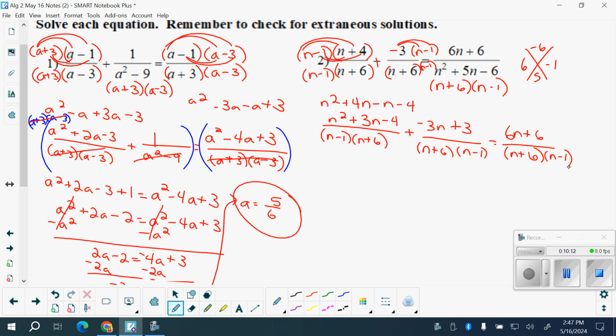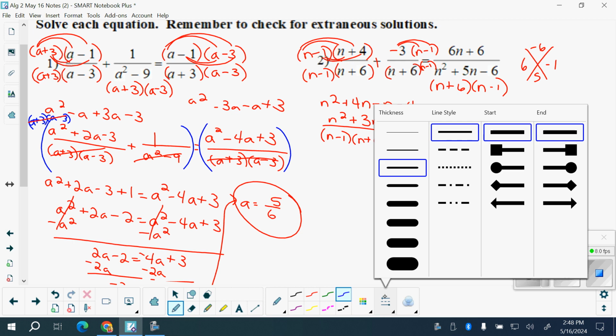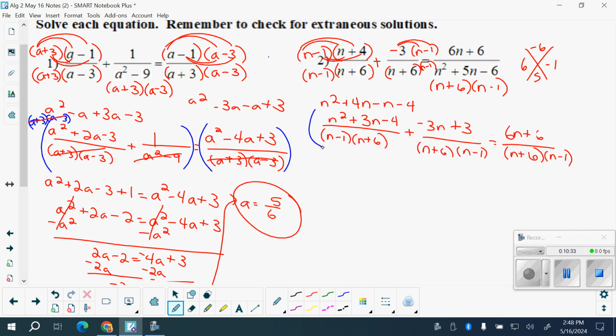And then we're going to multiply both sides by... Hayden, what do we multiply both sides by? Yep. So multiply both sides by n plus 6 times n minus 1, the common denominator.